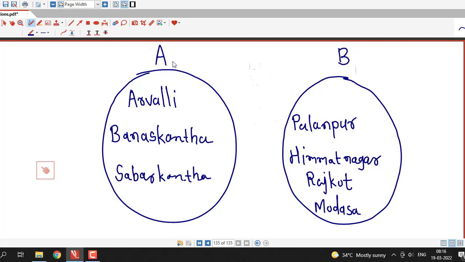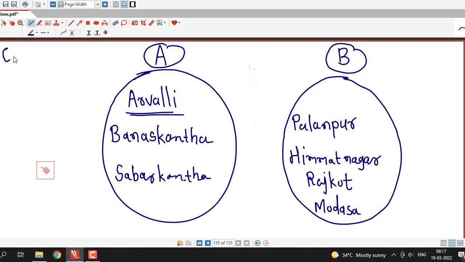Now we want to define a function from set A to set B. So we consider this type of relation, that if I consider an element of this set A, then I assign an element from set B to this element by this relationship.